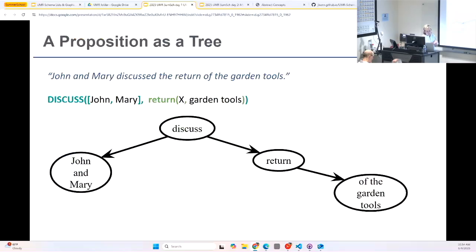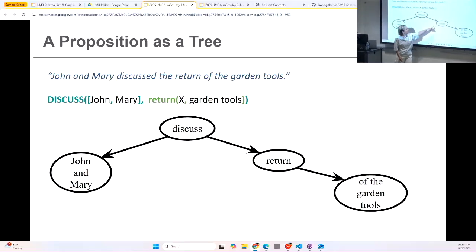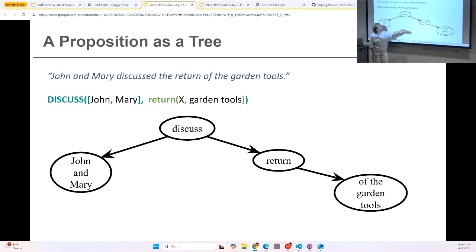This is intuitive, but this is representing the proposition as a tree. You have John and Mary over here discussing, the main verb is at the top, and the return of the garden tools is the other argument.